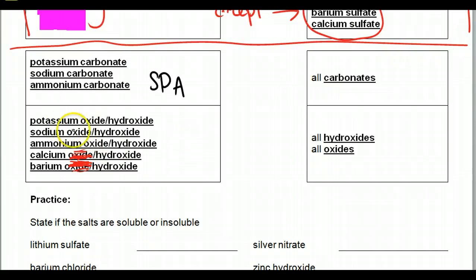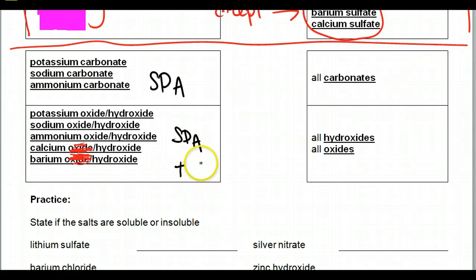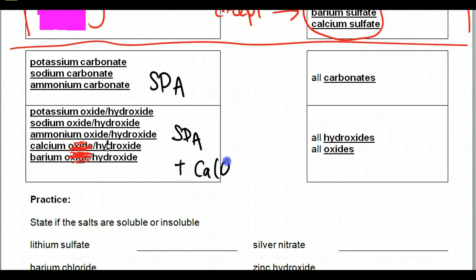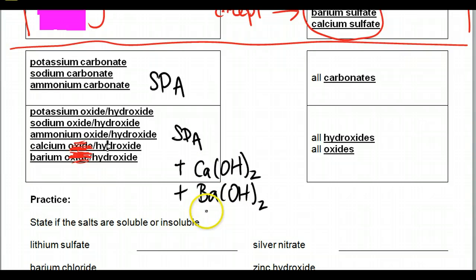The other one is, if you look carefully again, all oxides and all hydroxides are insoluble once again, except for SPA, plus calcium hydroxide plus barium hydroxide. So only the hydroxides for calcium and barium are soluble. The rest of the hydroxides and oxides are all insoluble.